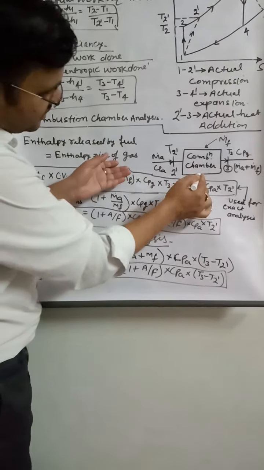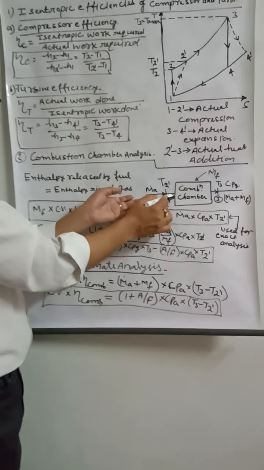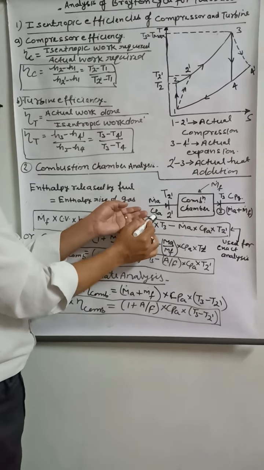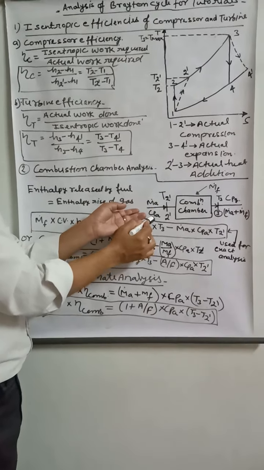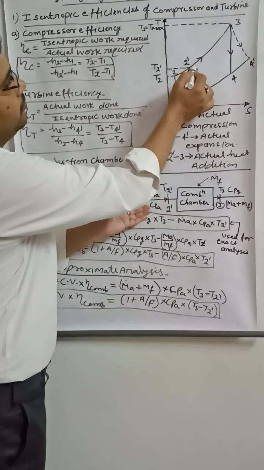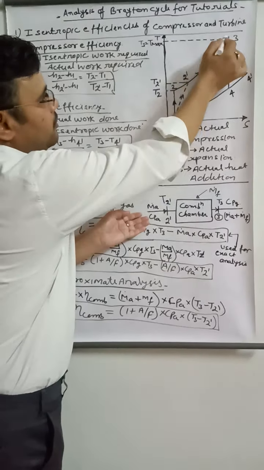So suppose that this is the combustion chamber, m_a mass of air enters after compression, right? Mass flow rate, Cpa, specific heat at constant pressure of air, and temperature T2 dash, any point 2 dash here, because combustion occurs from here to here, the heat addition process.